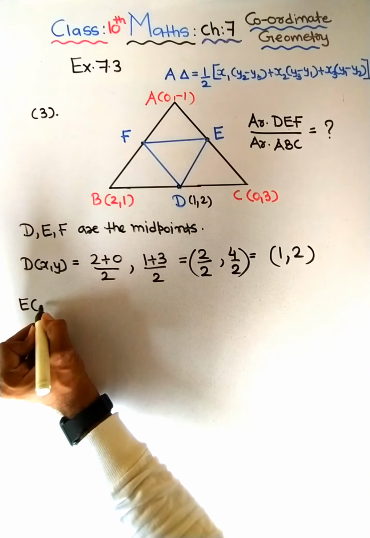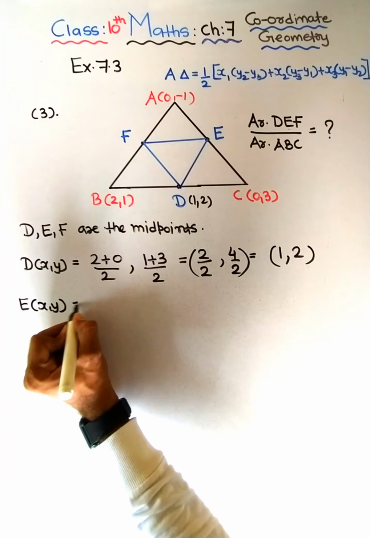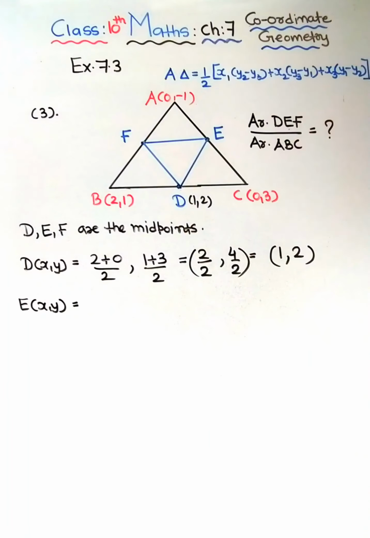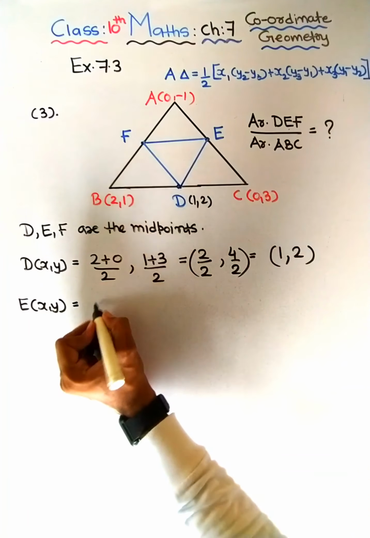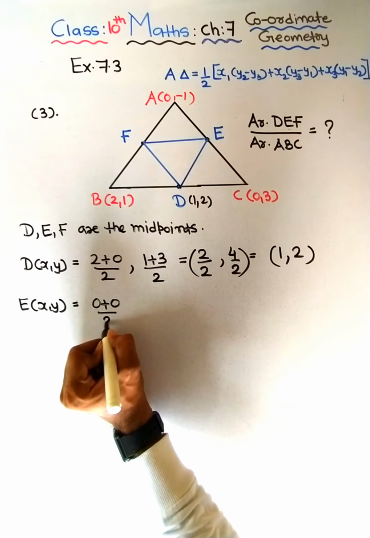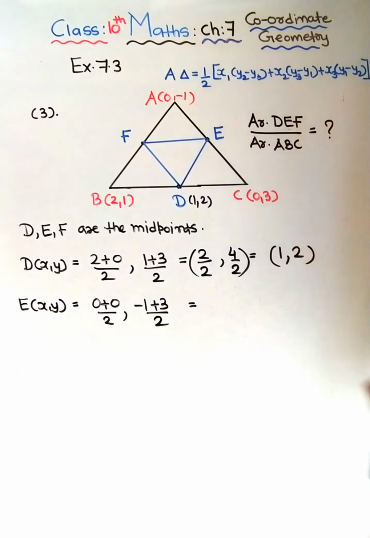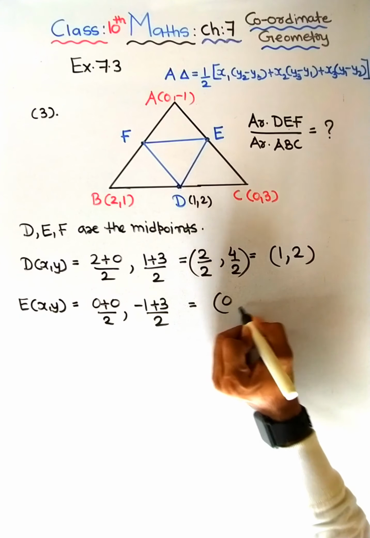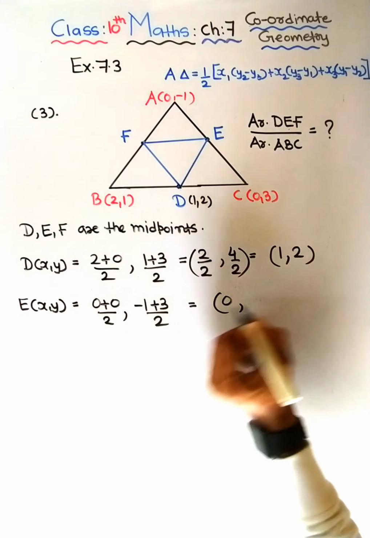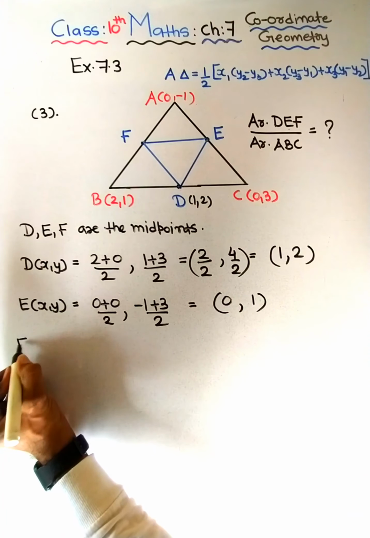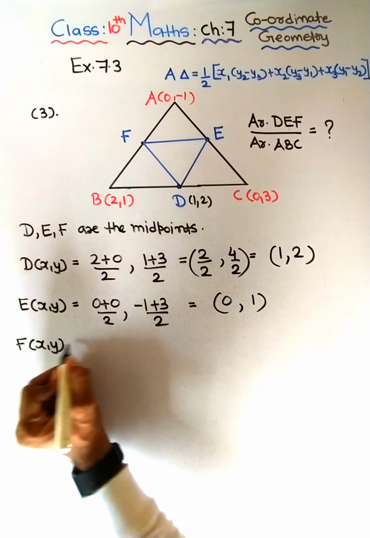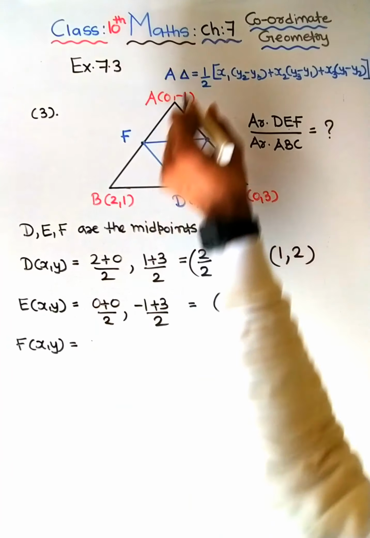Right? So here it is 1, 2. Coordinate of E. E is the midpoint of A and C. So you see 0 plus 0 by 2 and minus 1 plus 3 by 2. So directly let us write it is 0, 3 minus 1, 2 by 2, that is 1. Coordinate of F is the midpoint of AB.